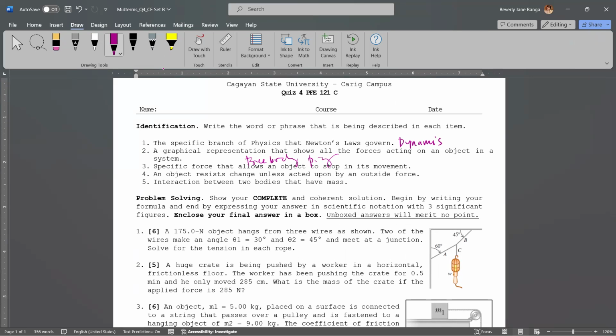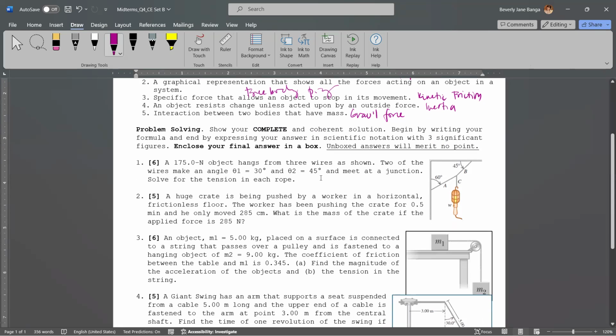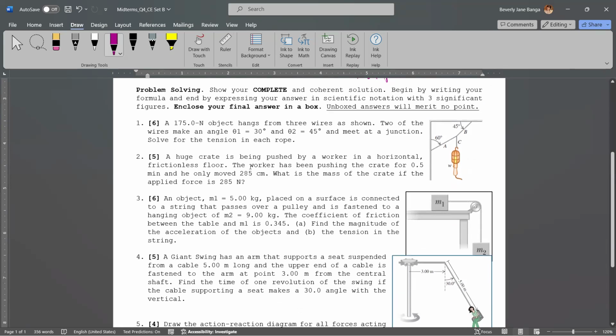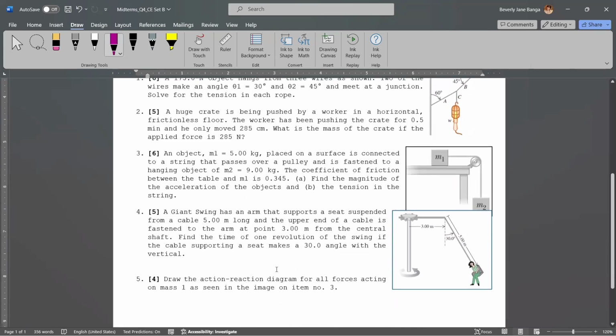The specific force that allows an object to stop its movement is kinetic friction. An object resists change unless acted upon by an outside force, so this is inertia. The interaction between two bodies that have mass is gravitational force, okay? This one I will no longer repeat. It is the same as what we did earlier.